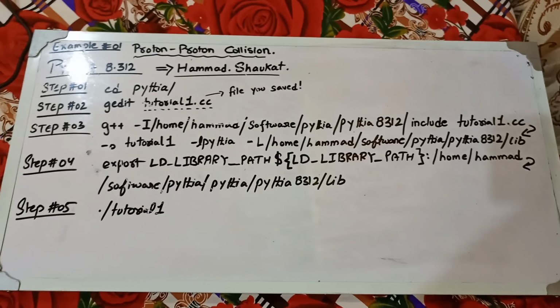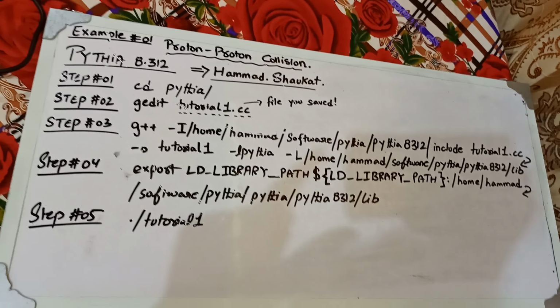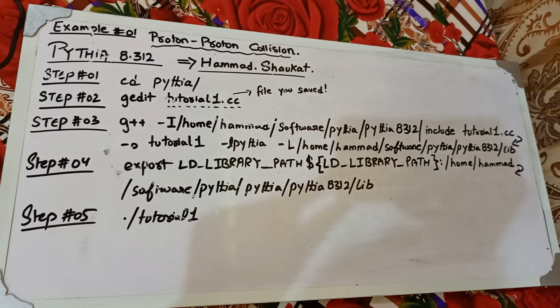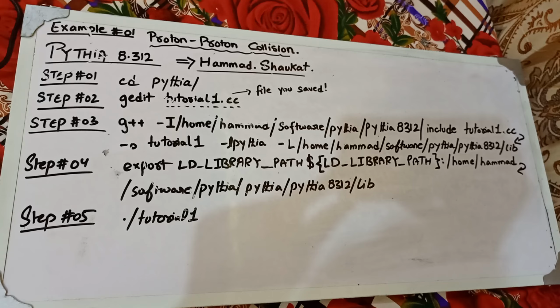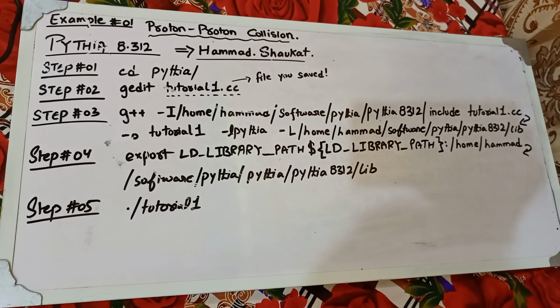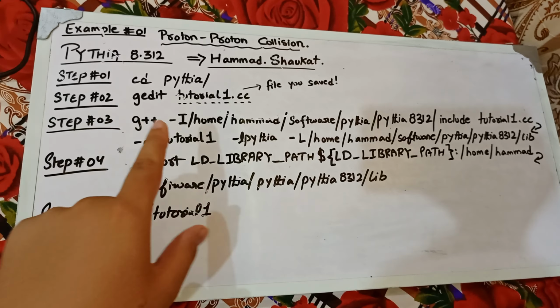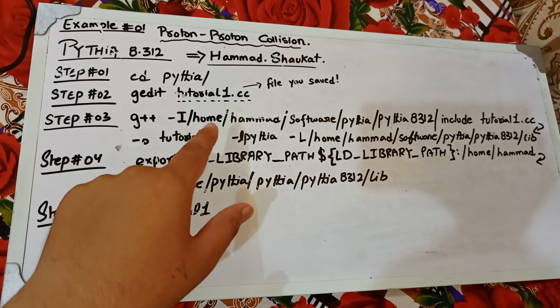So you can see this is the process of running the proton collision example. First you have to make a directory. Open the Pythia folder and make a directory with the name of your folder, chosen by yourself.